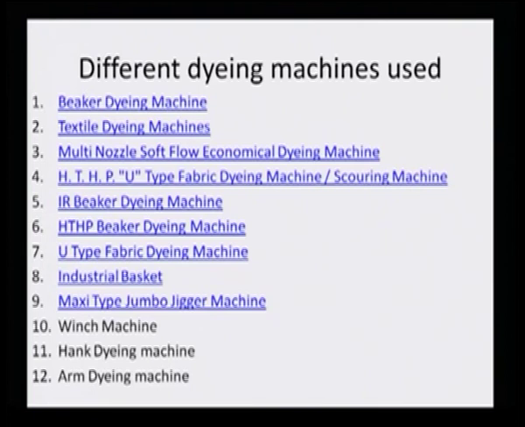We will take a look at these also as we go along and learn what is so special and which machine is meant for which fabric, because this information will help you understand that not all machines are fitted for all purposes and all fabrics. Some are meant for only yarn dyeing, some are meant for small fabric dyeing, and some are meant for very large volumes of continuous fabric. So, these little nuances you will learn as we go along.